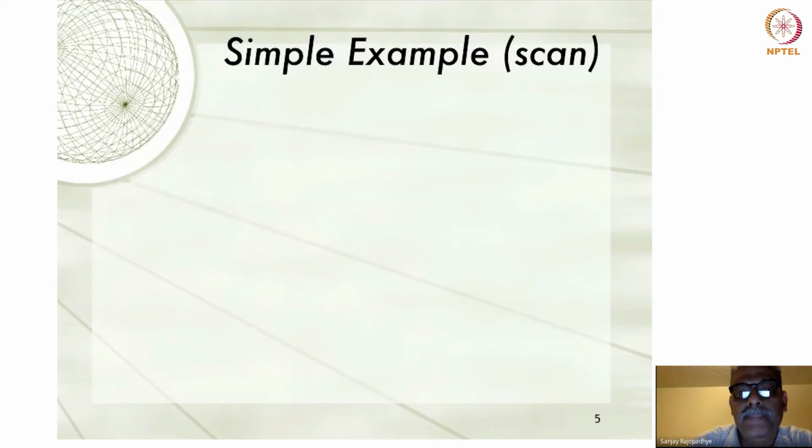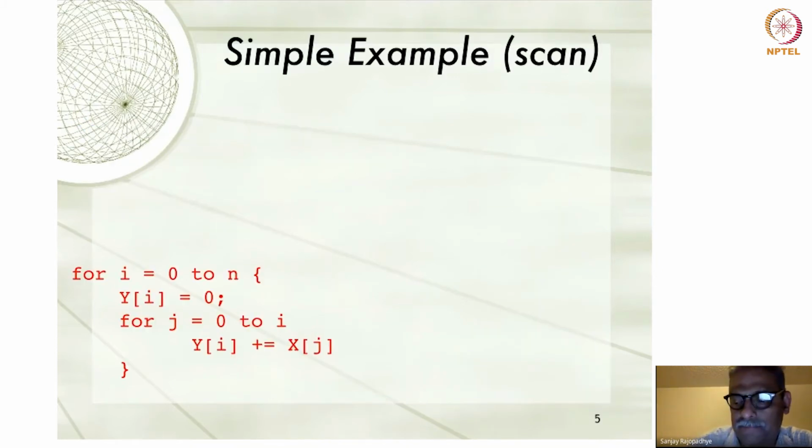So here is a simple example. I write a program for i equals 1 to n. The ith value of y is the sum of x_j from j equals 0 to i. Is that clear?